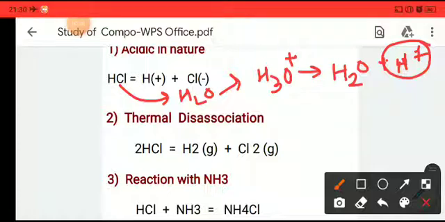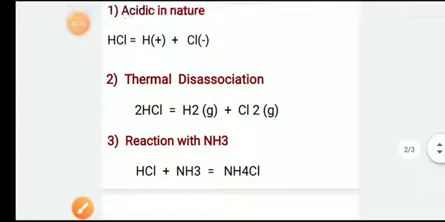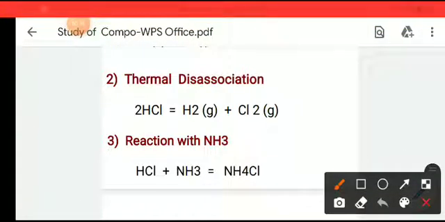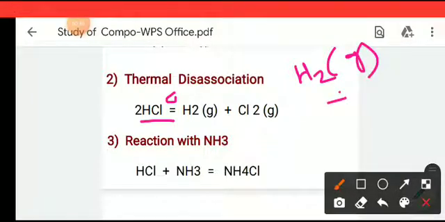Okay, so let's move to the next point, that is the thermal dissociation of HCl. Here HCl, when it is heated to a certain temperature, will give two gases, that is H2, hydrogen gas, and chlorine gas.